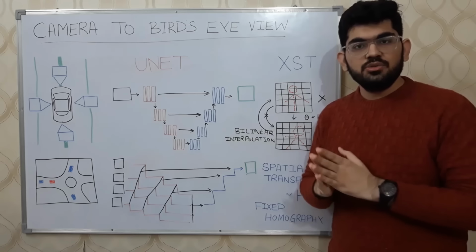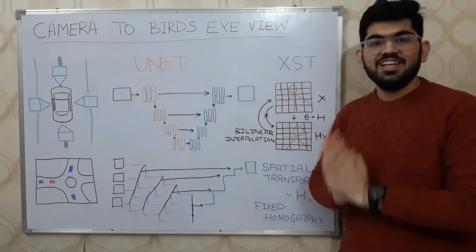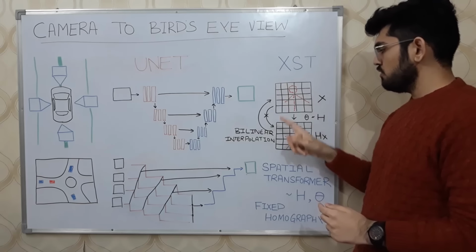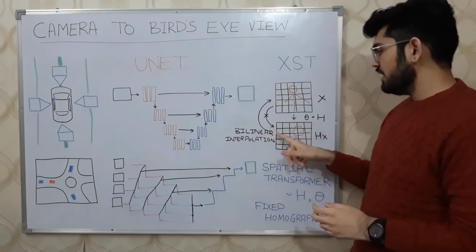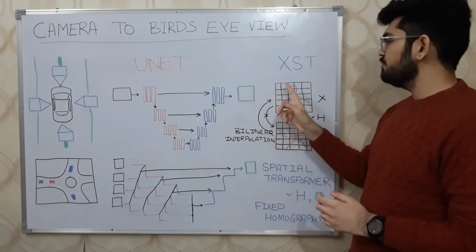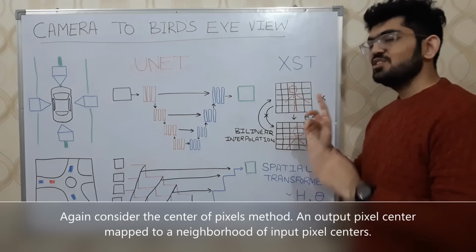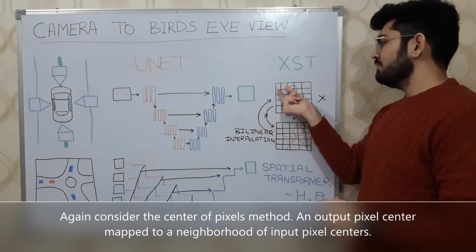Hence, a solution to this is to do an inverse homography calculation. What that means is, instead of computing a transformation that goes from input to output, we calculate a transformation that goes from the output pixel to the input pixels. For instance, this output pixel over here is going to map to the input image in a rotated fashion, something like this.